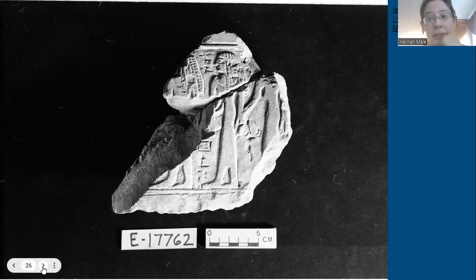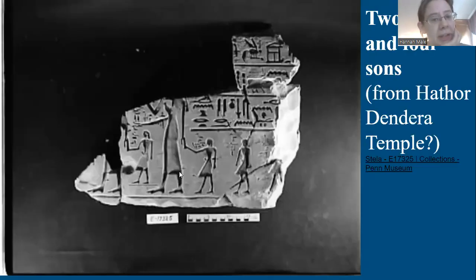And then the same thing here. Again, they think that this was originally from that Dendera temple to Hathor. So we see the woman, and actually there's two here. So this is the first one, and then you can just see the hand of the other adult woman here. So it seems to be dedicated or erected probably by these two women.